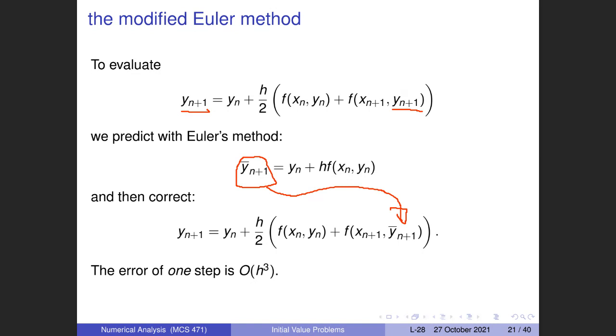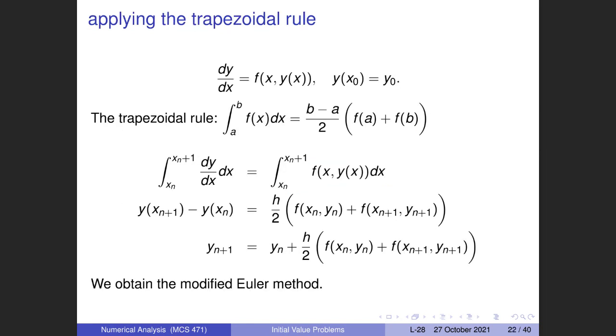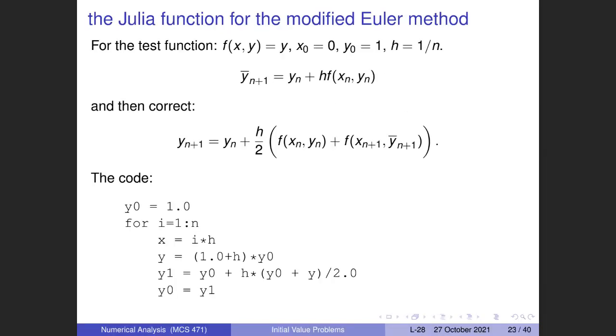Because of the previous slide, and now I understand why the slides were in the order they are, there is a logic to the slides. The order of the local error, so of one step, is now h to the power 3. And we will see that this gives much better accuracy.